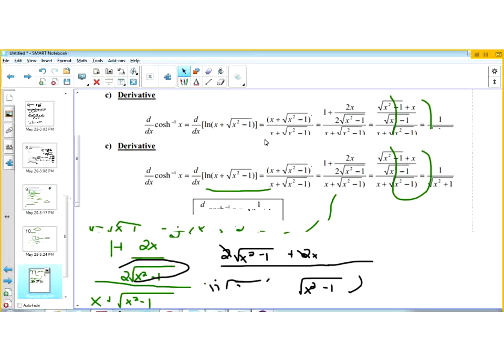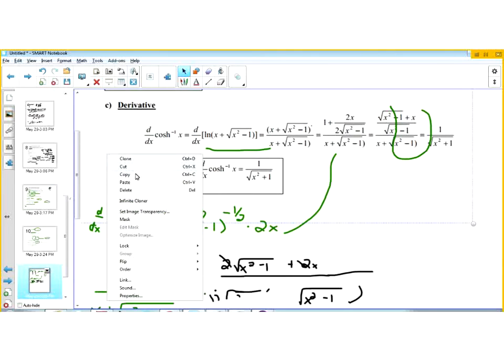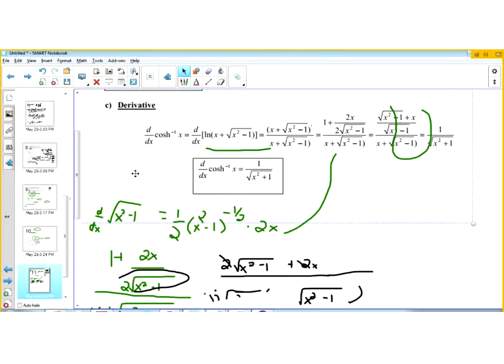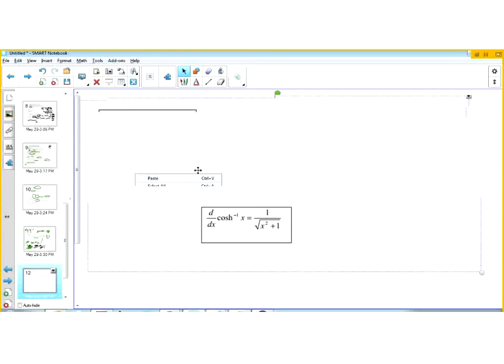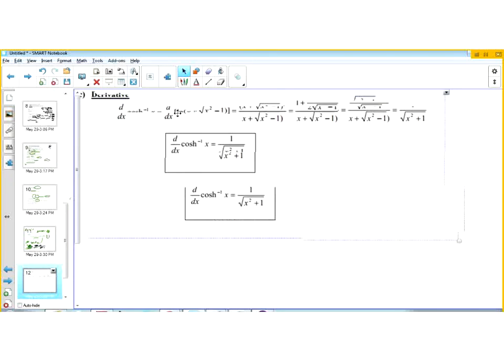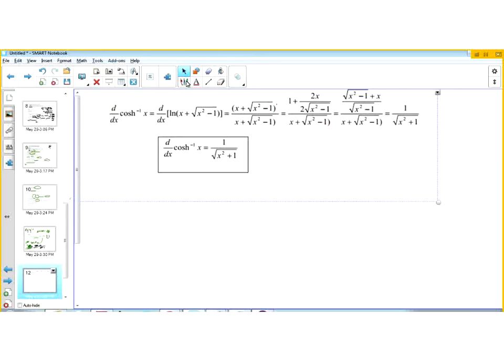We'll go to another page. All right, so let's start with this expression right here and see how we can simplify it.